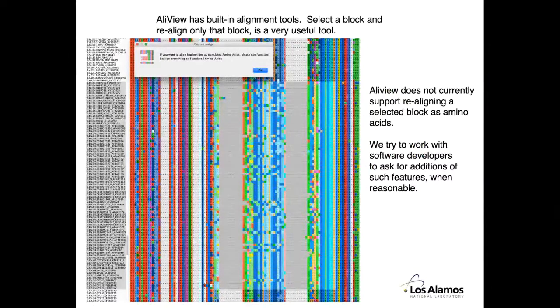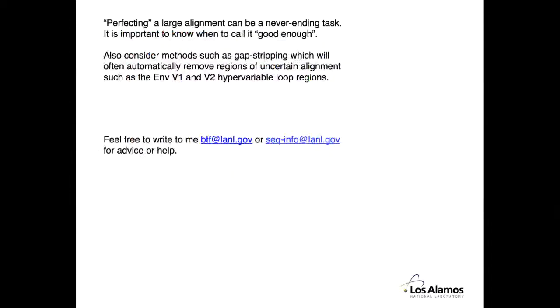So anyway, perfecting a huge alignment can be a never-ending task. If you start looking at individual codons and moving things around by hand, you could spend weeks or months on a single alignment. And it's really important to decide when to just call it good enough or to consider other methods such as gap stripping, which would remove that entire V1 region out of your alignment.